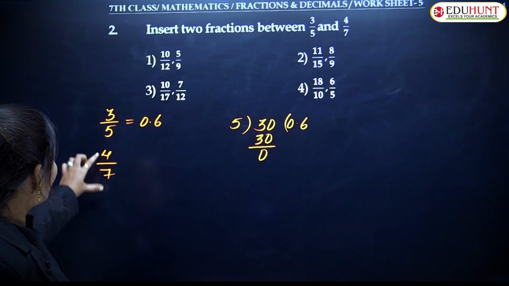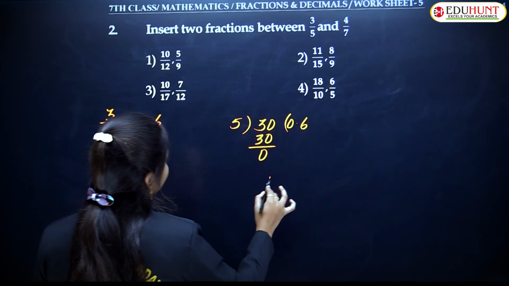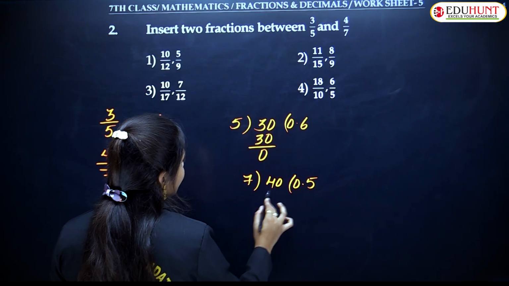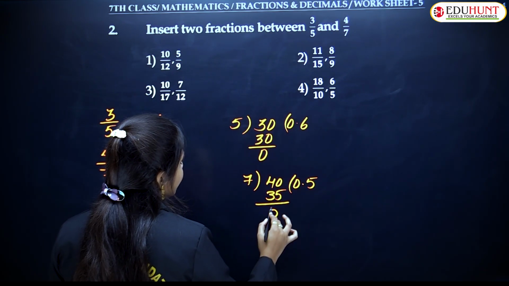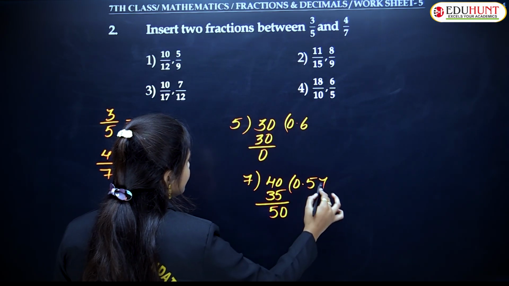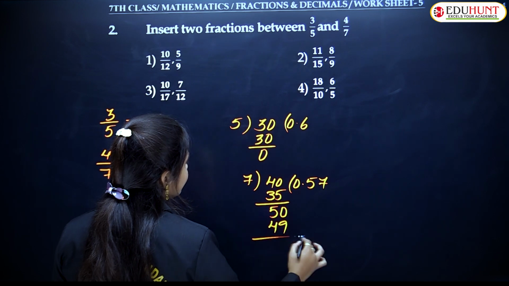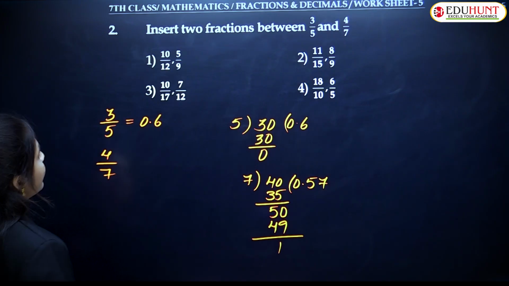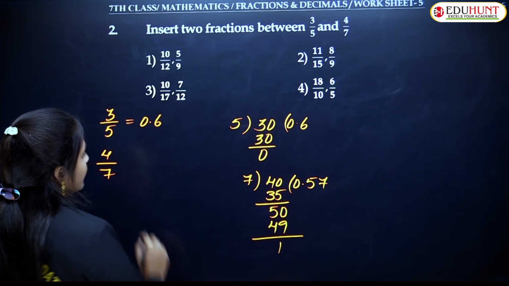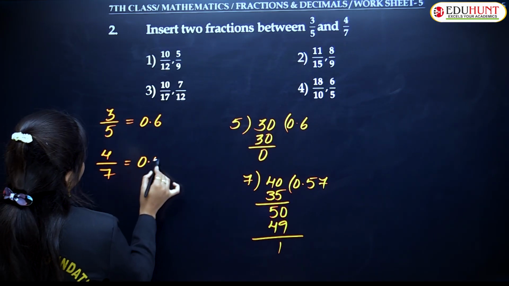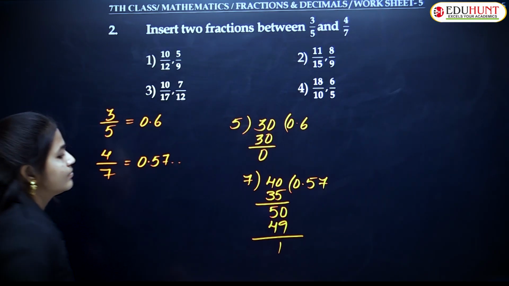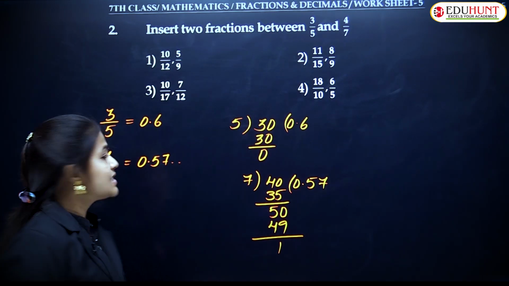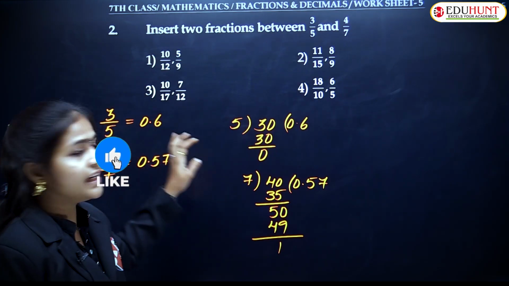Understood? And here 4 by 7 means 4 divided by 7. 0 and 0. 7 fives are 35. The remainder is 5. Keep that 0. 7 sevens are 49, and the remainder is 1. Still we have 0.57 something, which is a continuation.